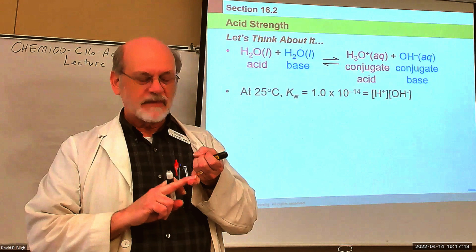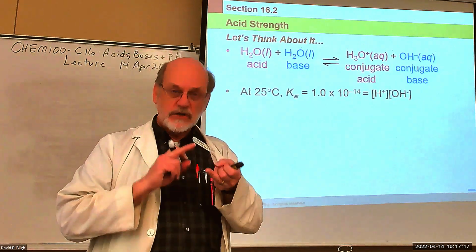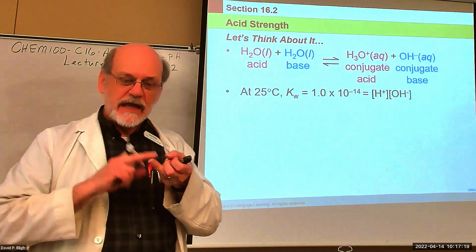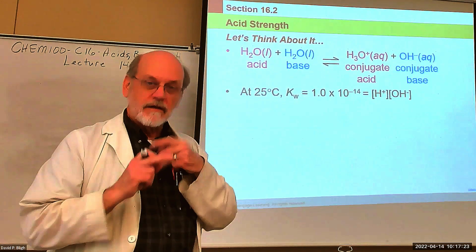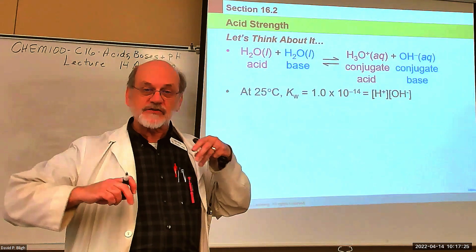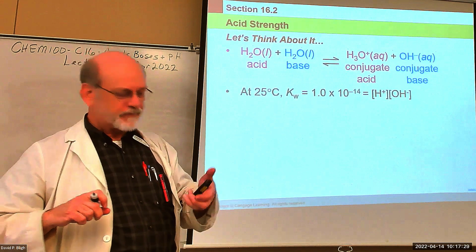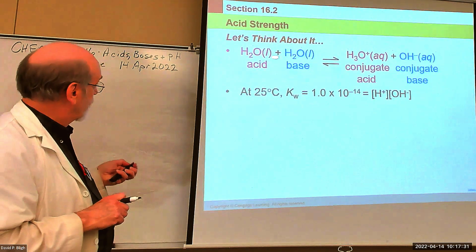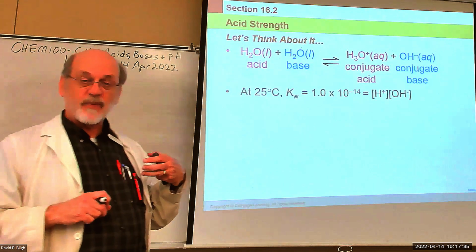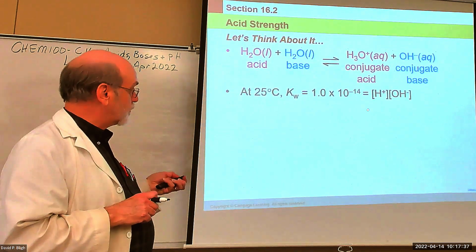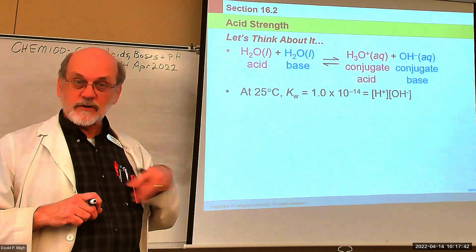You keep that. If it's a gas, it has a variable concentration. You keep that. If it's a pure liquid or solid, throw them out because their concentrations effectively do not change. So in this case, that's a liquid and that's a liquid. So it would normally be part of the denominator, right? We would put it down here. Except that we throw the liquids out.